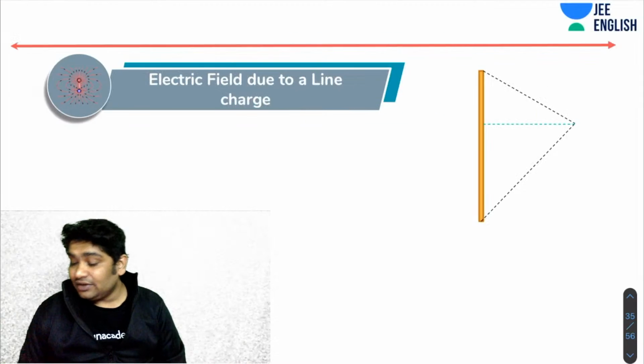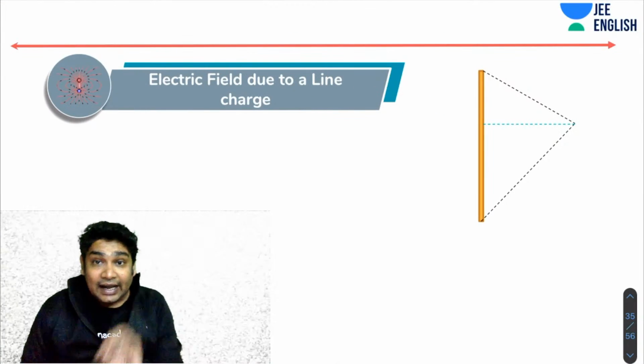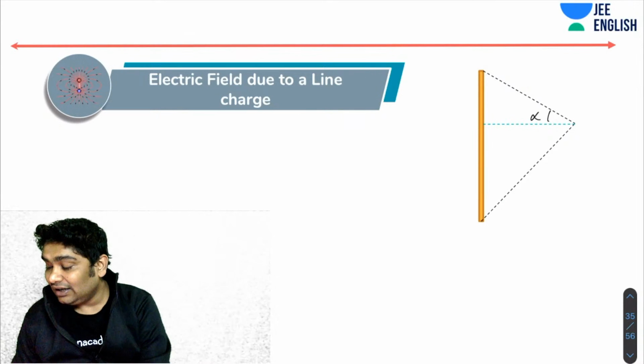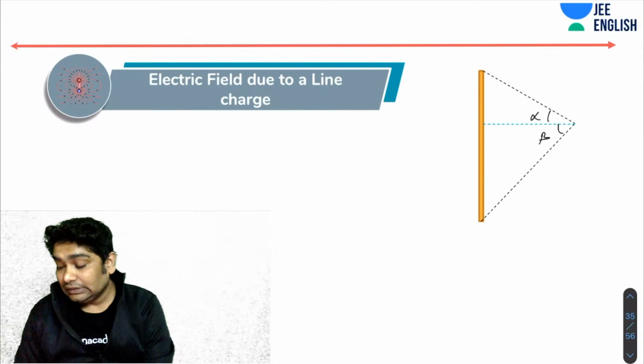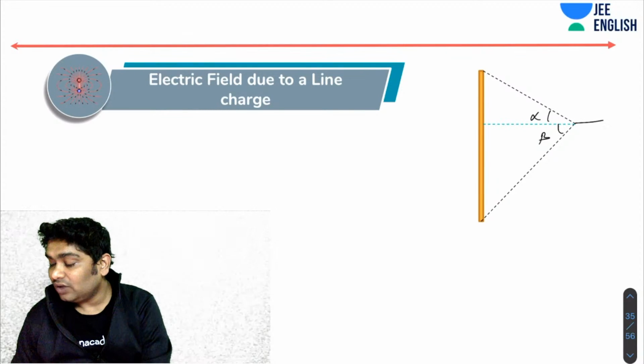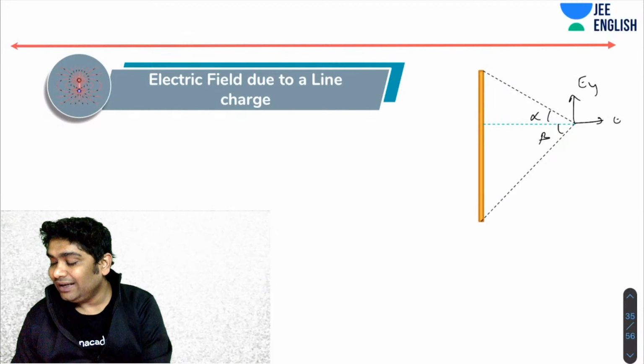Next you have the electric field due to a line charge. Please note that if this angle is alpha and this angle is beta, then the electric field here will have two components, one like this and one like this, EY and EX.